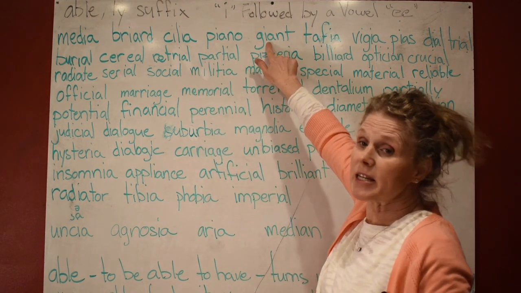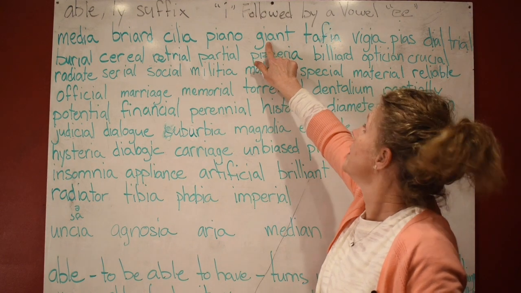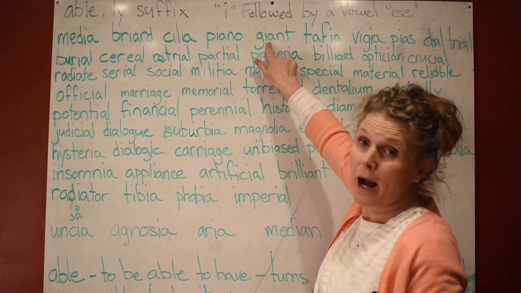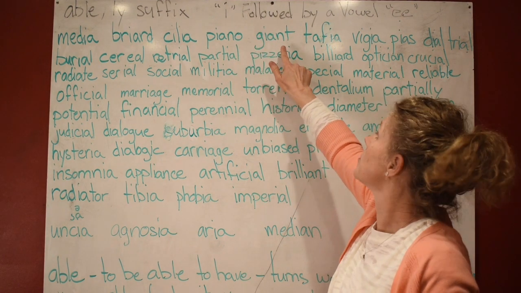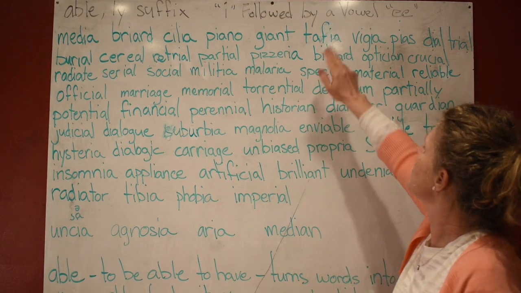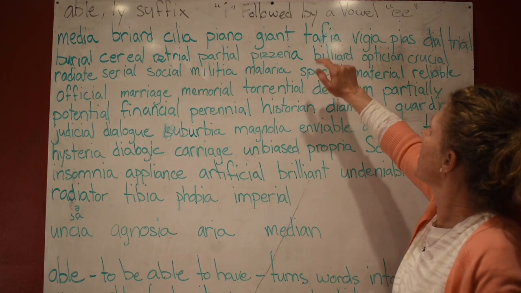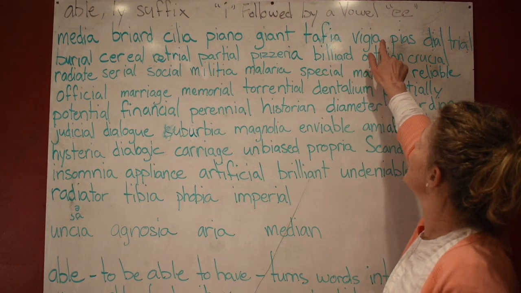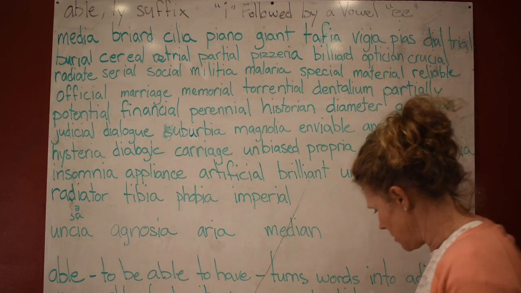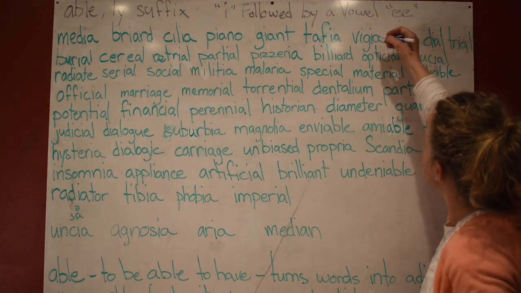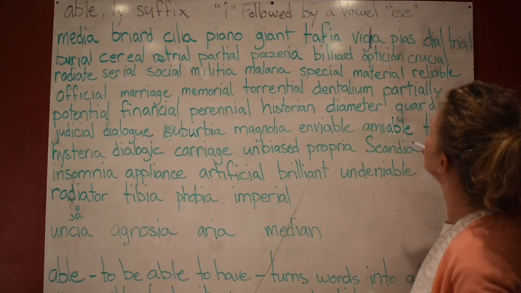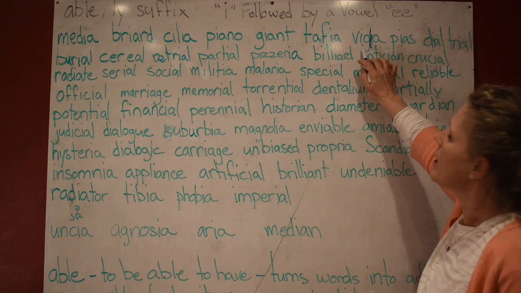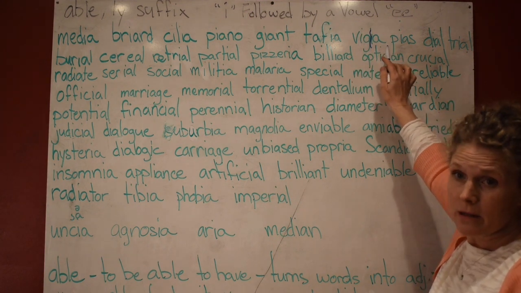Giant. See how this I right here, boys, is saying I because it's the first syllable. Giant. Taffia. I-A. It's an I, then a vowel. This says right here, vidya. And it's a closed syllable because it falls right like this. Right? But we're not hearing the vidya.